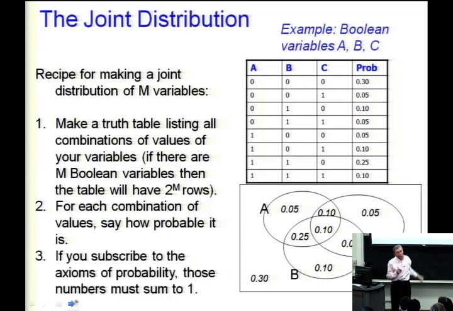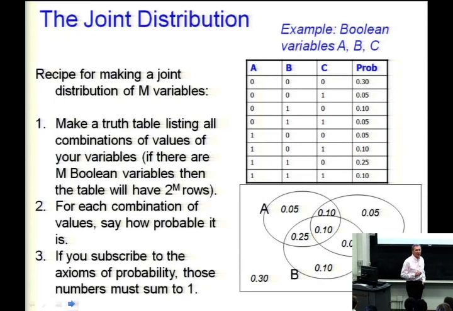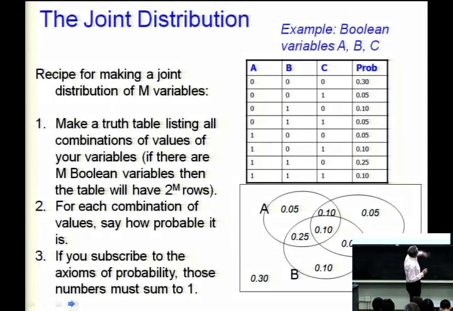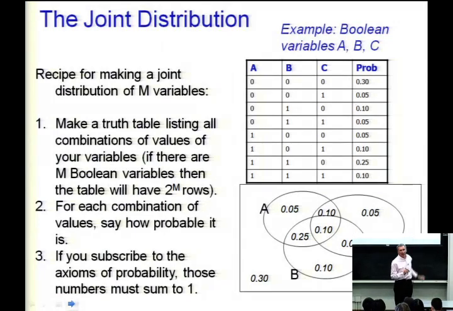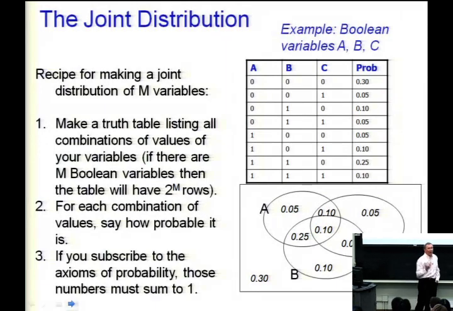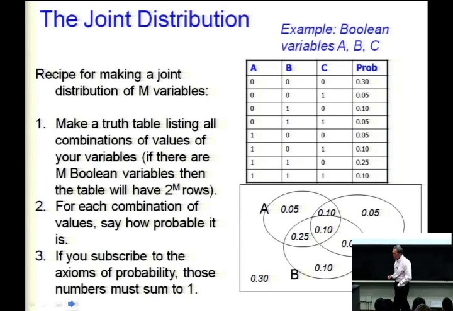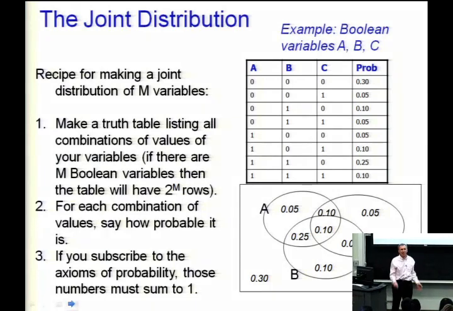That's what the rightmost column is. Then, given that I believe in the axioms of probability, I have to make sure that the column on the right of all those probabilities has to sum to 1. In every random experiment I do, I get a joint assignment for those variables, and they're going to take on some value, so the probabilities have to sum to 1. That's a joint distribution. Very simple idea.